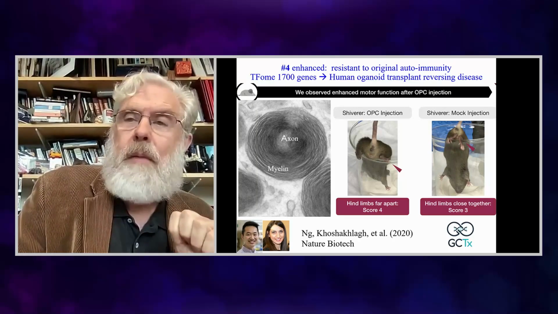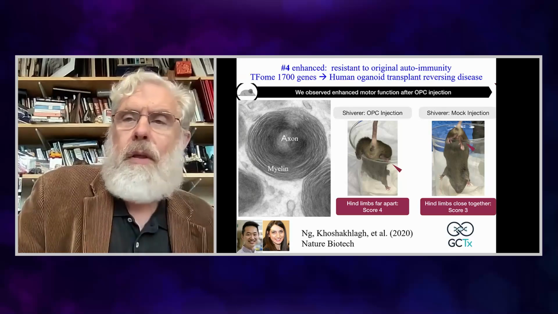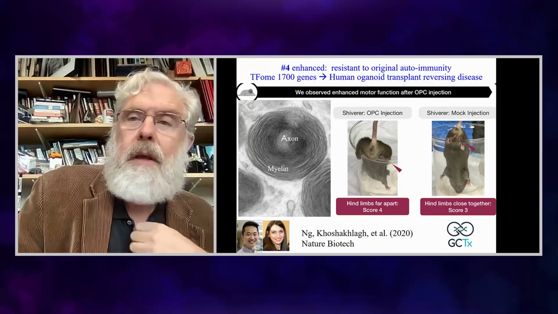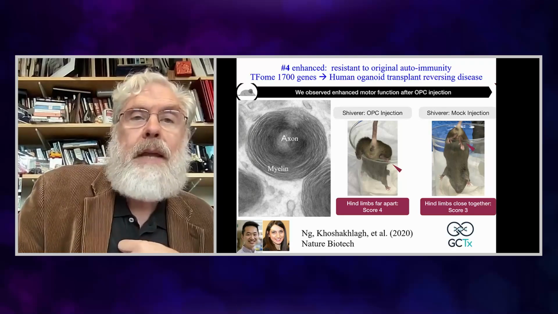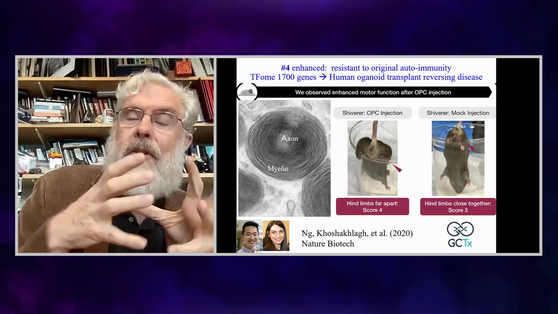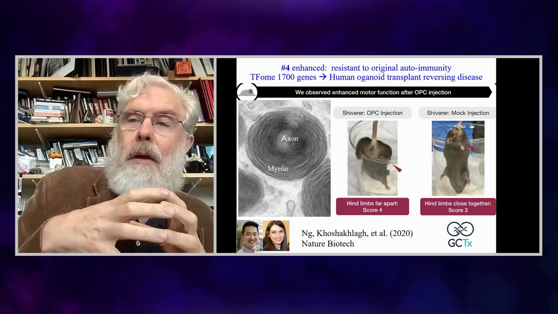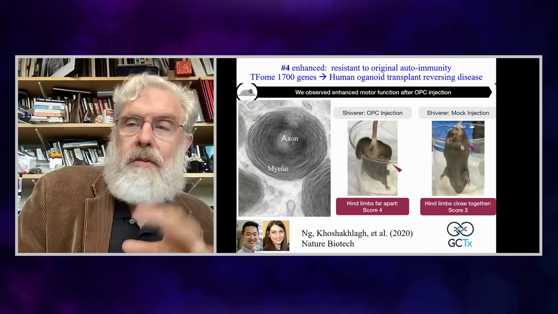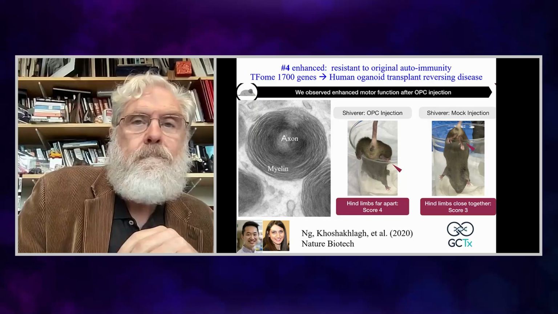And when it's put into a mouse, it overcomes the autoimmune demyelinating, and it's enhanced because it has a particular communication via cytokines with the immune system that keeps it from being rejected.